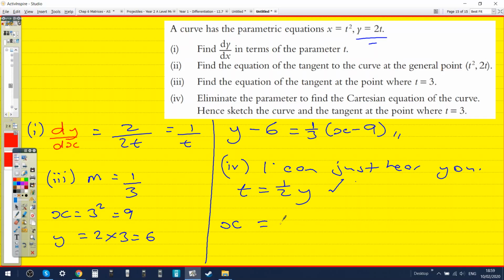X equals... Oh, so y equals root... Oh, okay, just like the x.